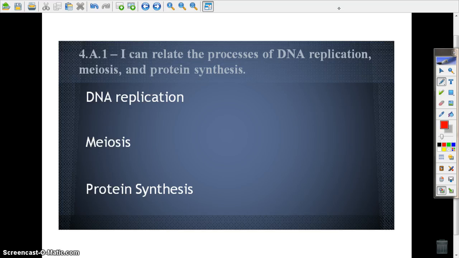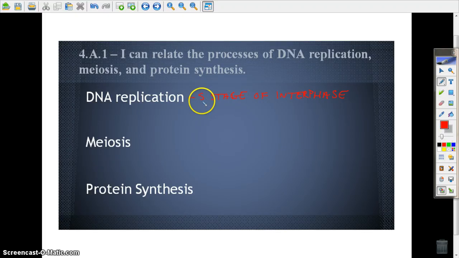Remember that the process of DNA replication is the cell copying or duplicating all of its genetic material during the synthesis stage. So during the S stage of interphase. And this S stage of interphase is where replication happens before mitosis, or even before meiosis.